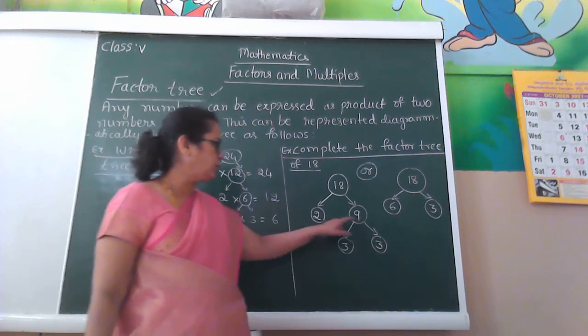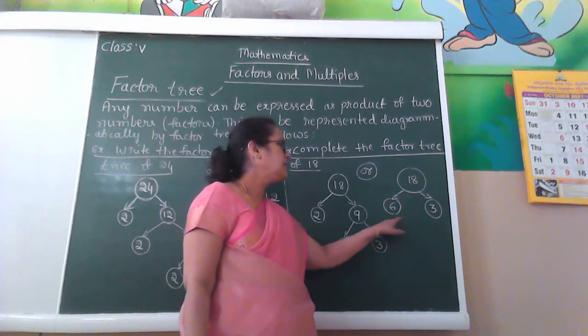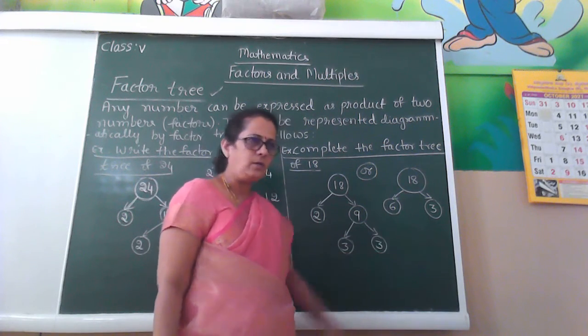Here I have taken 2 9s are 18, and here 6 3s are 18. This method also you can do.